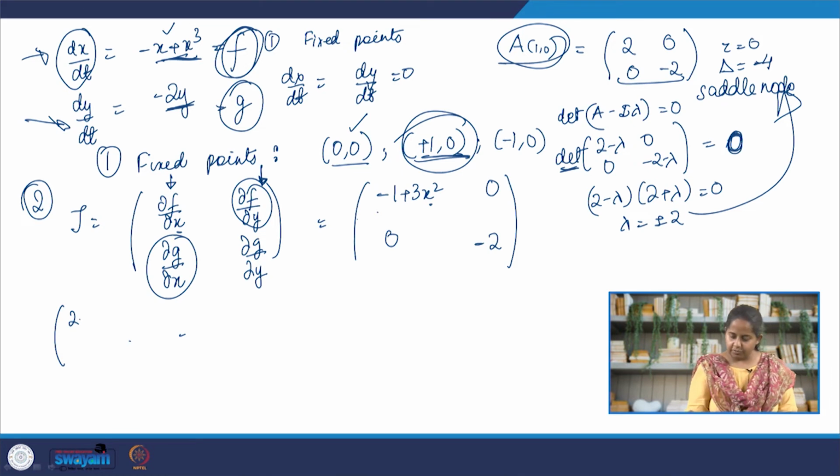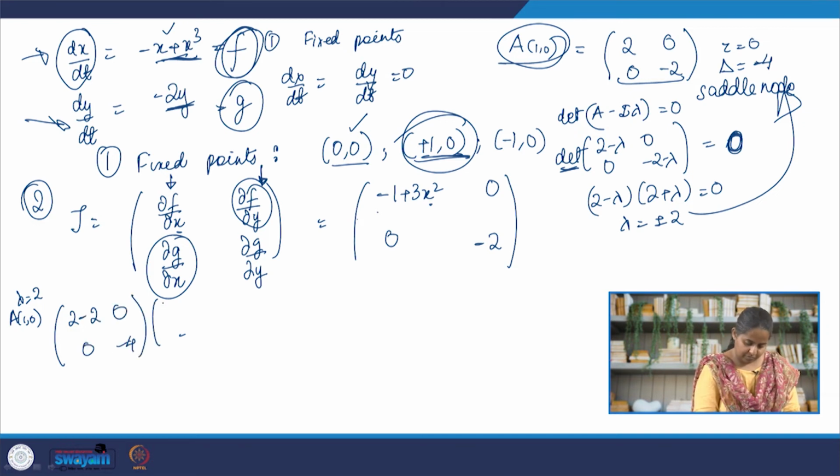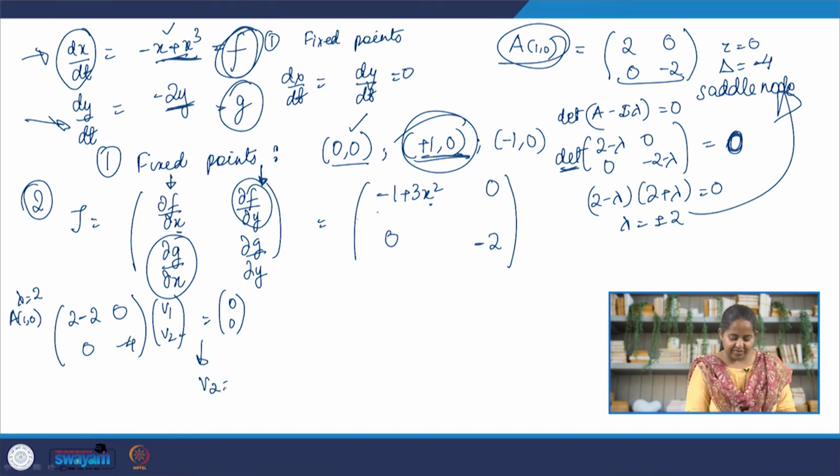So, we'll start with lambda is equal to plus 2, and we are dealing with A. Okay, another scenario where we will get V2 is equal to 0.